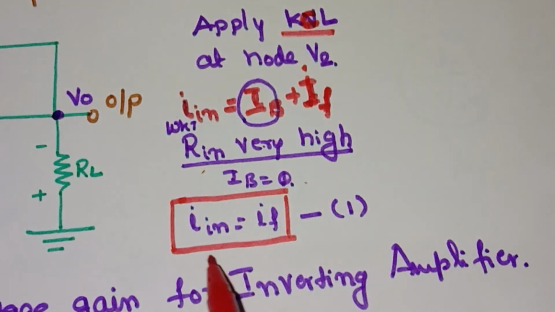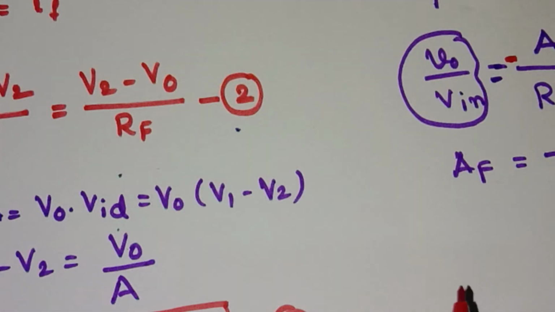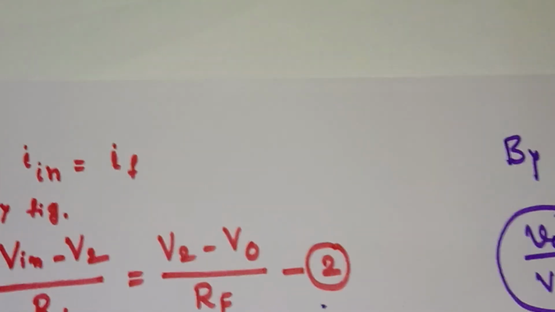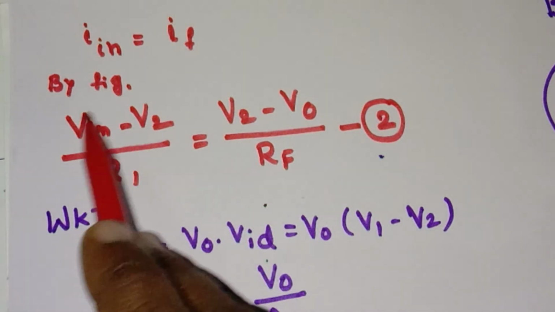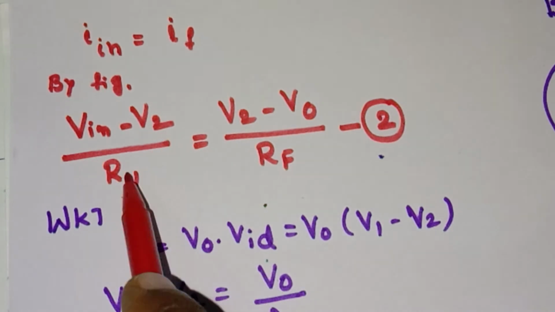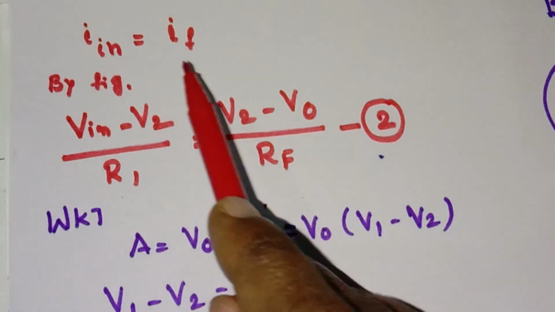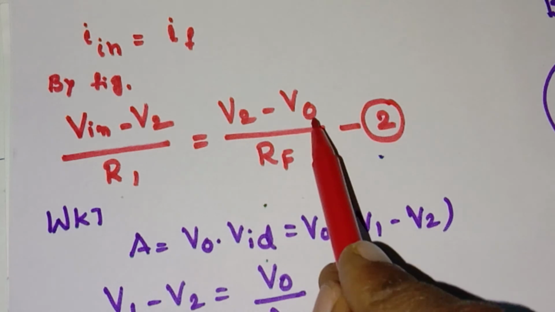So we get Iin is equal to IF. From the figure we are able to write Iin is equal to Vin minus V2 divided by R1, and IF can be written as V2 minus Vout divided by RF.